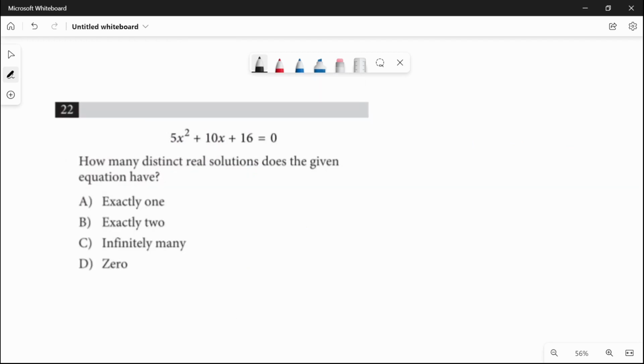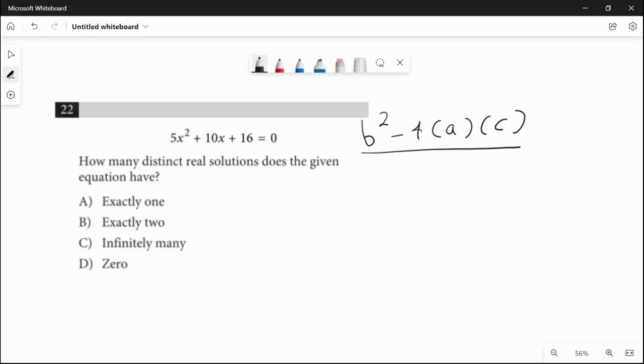Question number 22. How many distinct real solutions does a given equation have? So the equation given is a quadratic equation. And in order to know how many real solutions this quadratic equation has, or how many times it intersects with the x-axis, we can use the discriminant rule, which is b power 2 minus 4 multiplied by a multiplied by c.